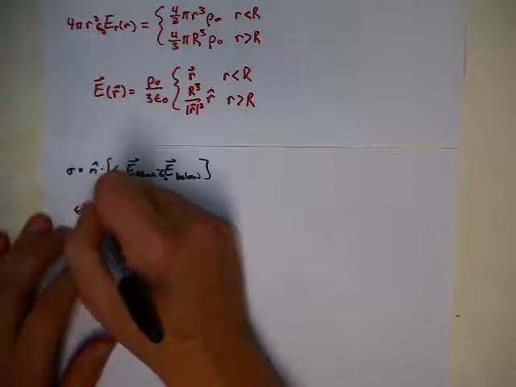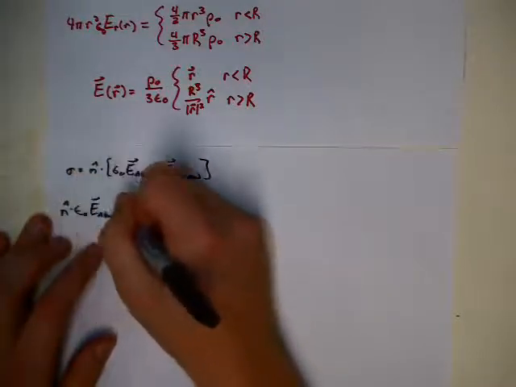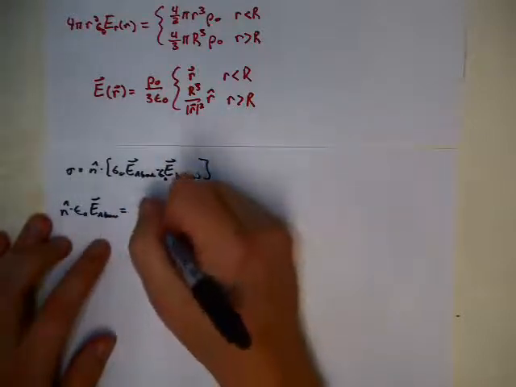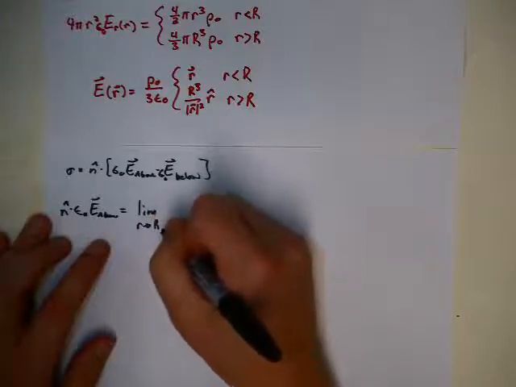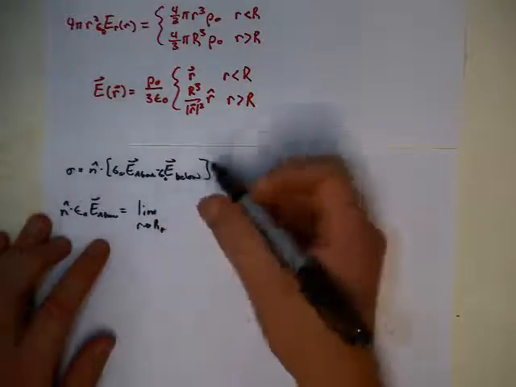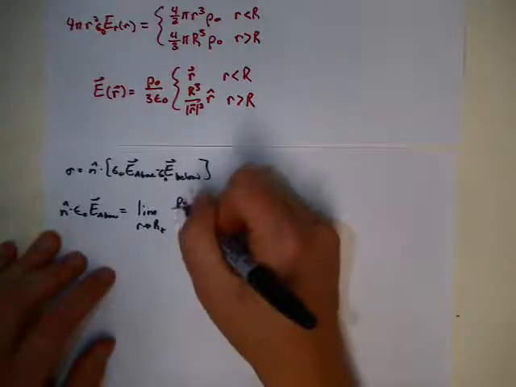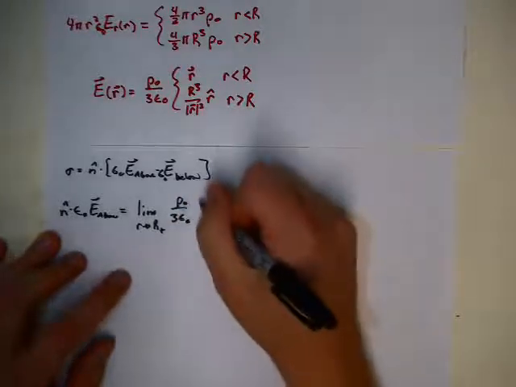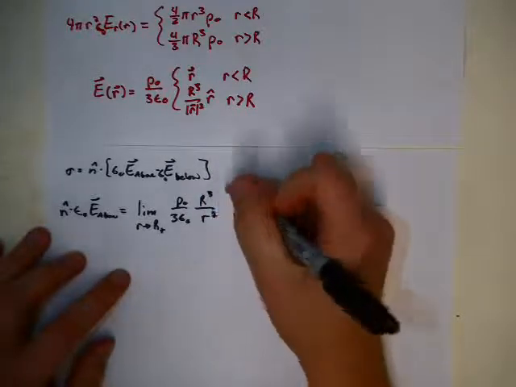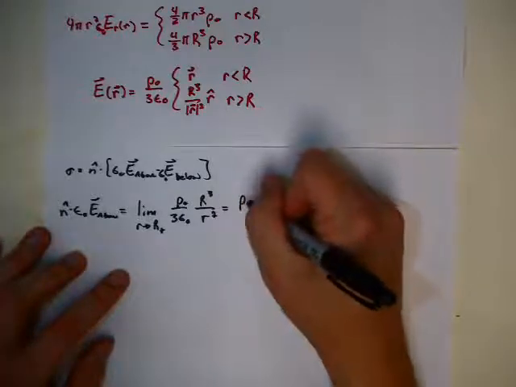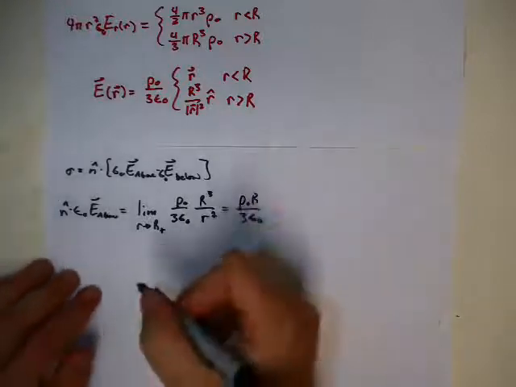So n hat dot epsilon naught E above is going to be equal to the limit as little r goes to big R from above of rho naught over 3 epsilon naught R cubed over little r squared, which is going to be rho naught capital R over 3 epsilon naught.